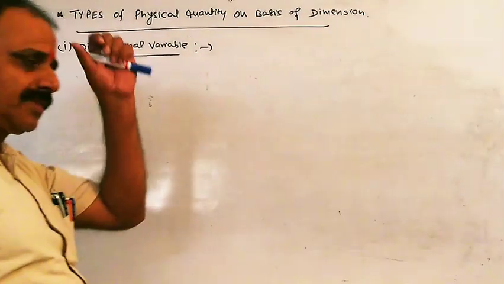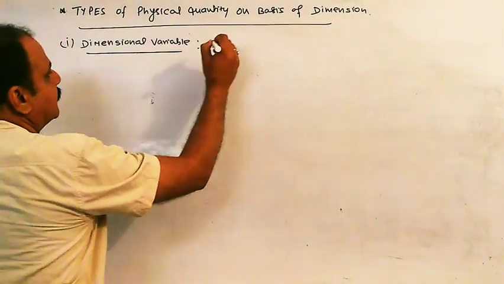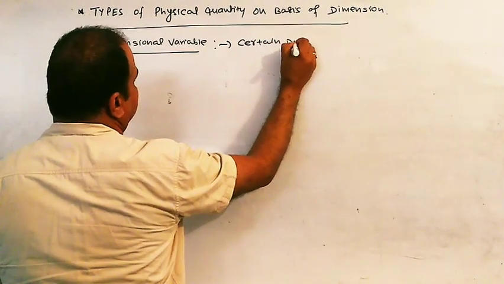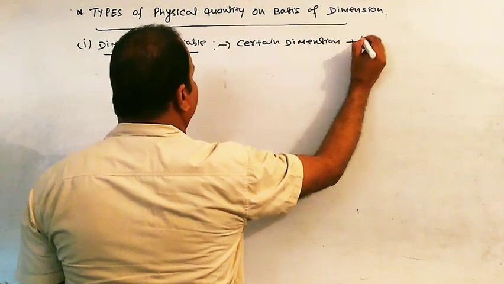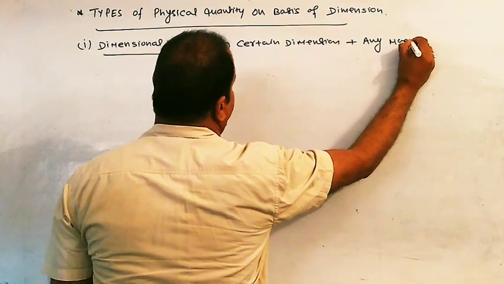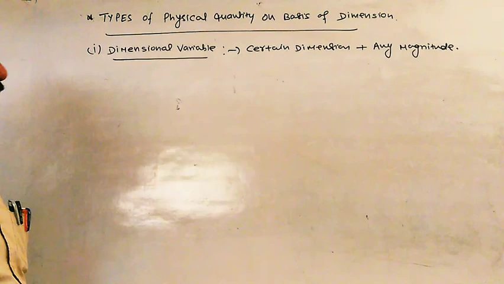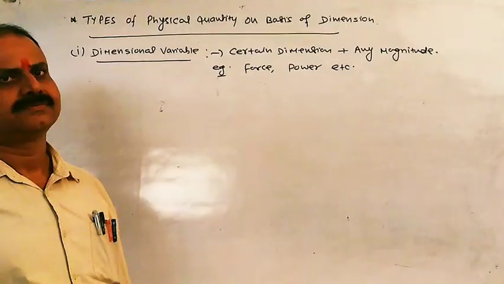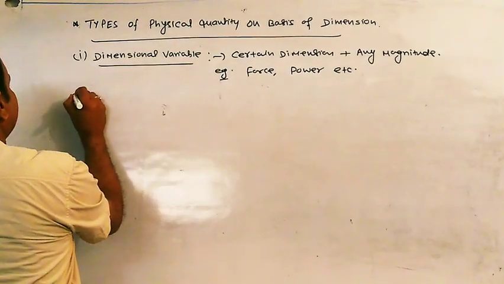Variable means magnitude not fixed and have certain dimension and any magnitude. For example, force, power, etc.